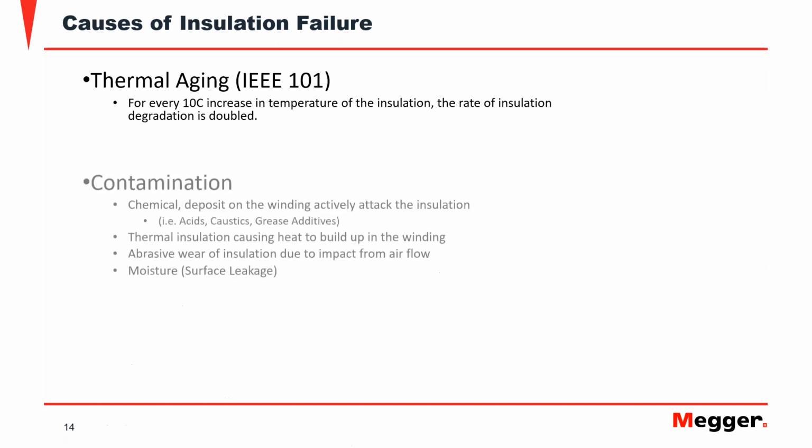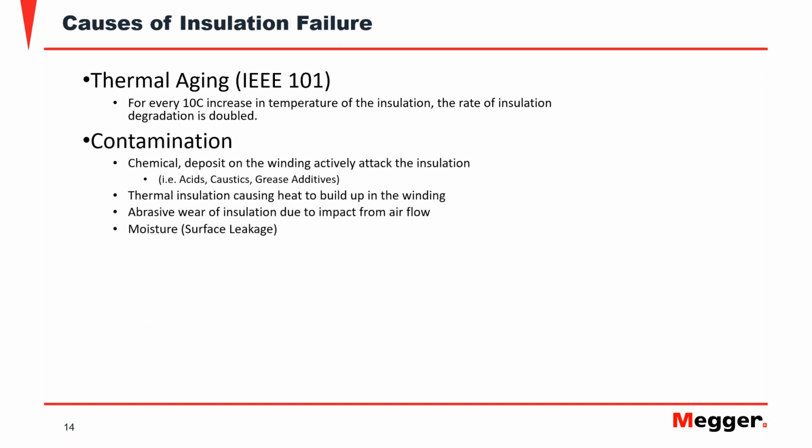The contamination of the machine, be it chemical, or thermal insulation causing heat to build up in the winding, or abrasive wear of the insulation due to the impact from the flow of the air that's cooling the machine, which is something good for the machine, but also brings particles with it, and those particles scratch the surface of the insulation.